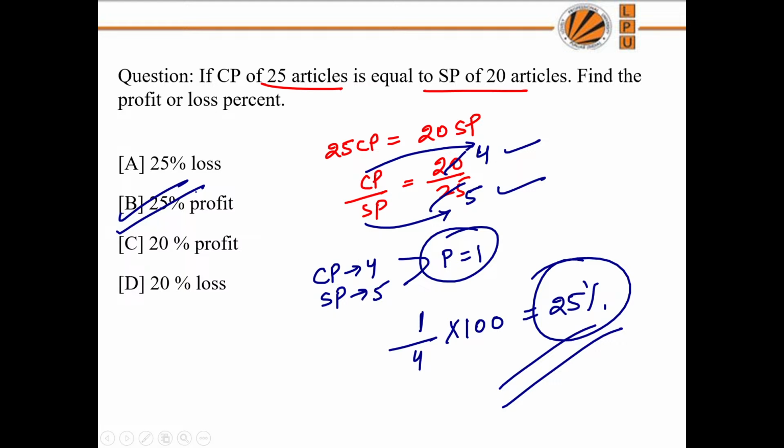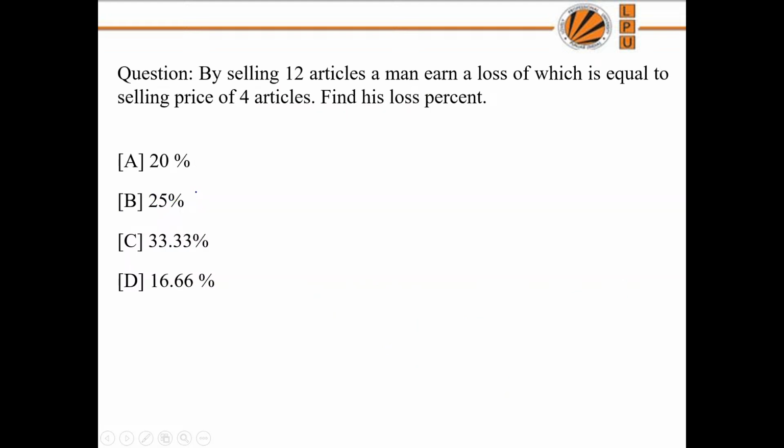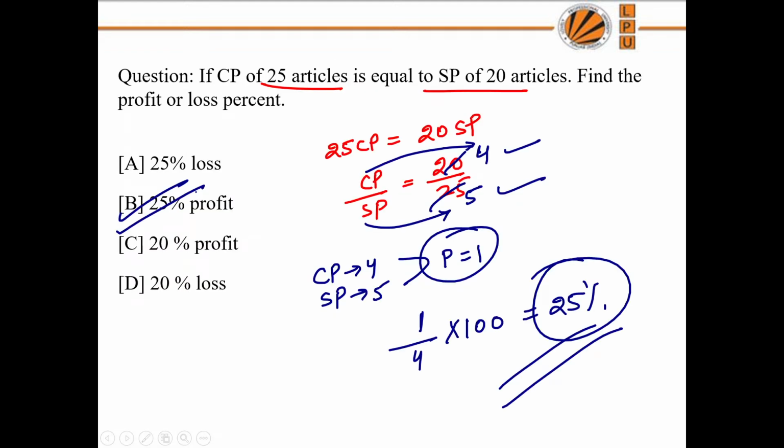Got it or not? Tell me. Yeah, it's an easy one, and all questions related to this concept are easy ones only. Now see this.